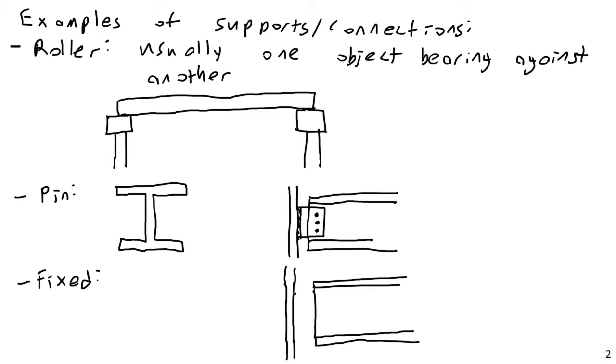So let's first show the web connected up, and this is totally not to scale. Maybe this is connected with another weld here. Let's make things interesting: I'll make this a bolted clip angle, connected here maybe with some bolts.